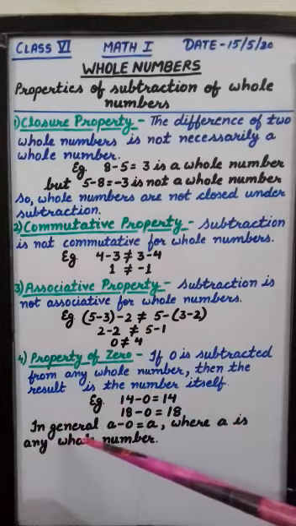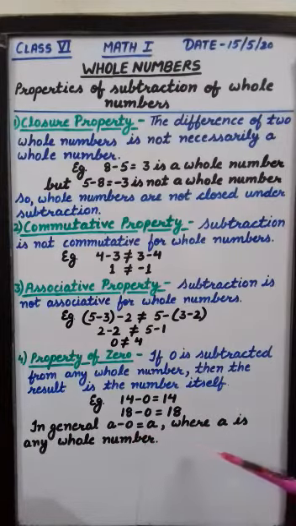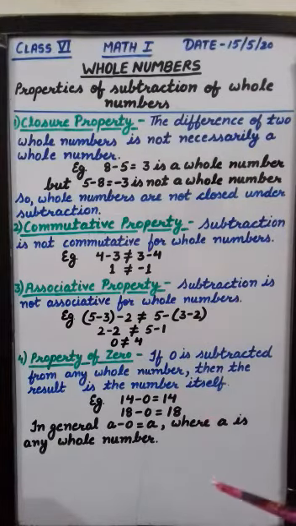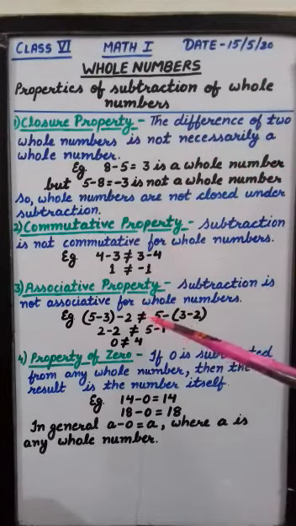So in general, a minus 0 is equal to a, where a is any whole number. So these are the properties of subtraction of whole numbers. Here closure property is not true, commutative property is not true, associative property is not true for subtraction of whole numbers.